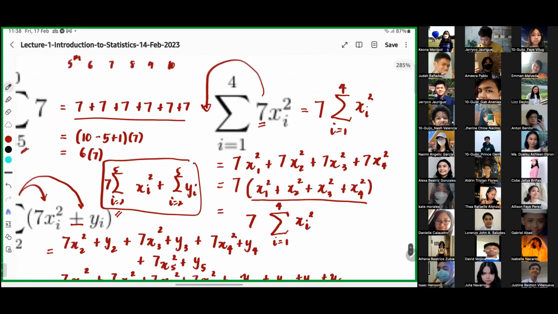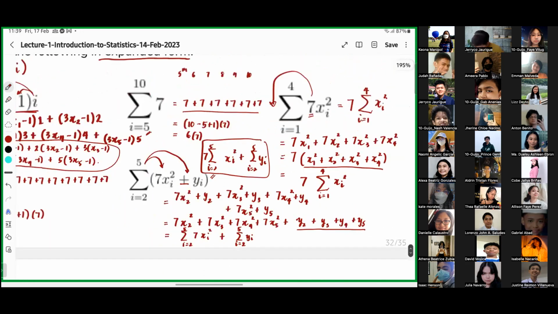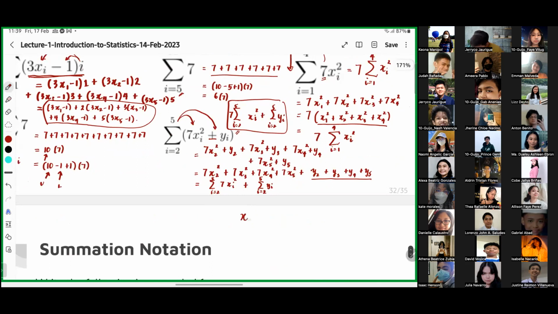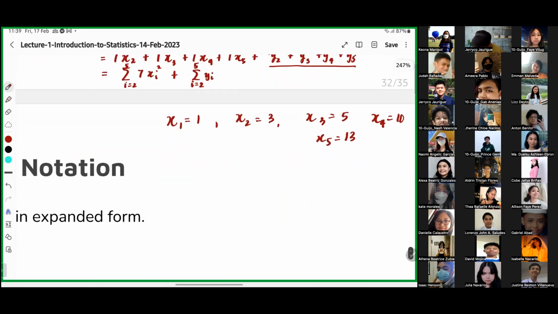All right. Sige. To give you a concrete example, let's have, for example, given that x sub 1 equals 1, x sub 2 equals 3, x sub 3 equals 5, and x sub 4 equals 10, and x sub 5 equals 13. We need to look for the summation of 7x squared from I equals 2 to 4 na lang, for example.